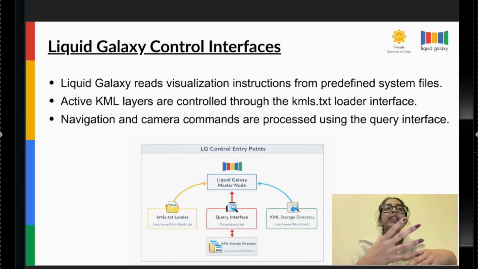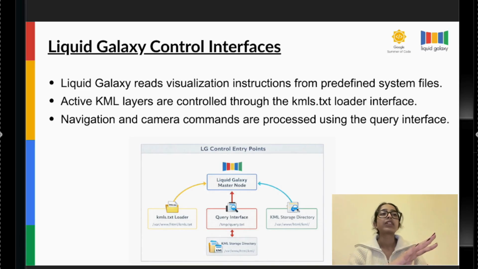Finally, the navigation and camera movements are handled using the query interface. This interface allows the app to send dynamic camera commands like zoom, fly to, and rotation, all of those brilliant moves we can do on the Liquid Galaxy system.